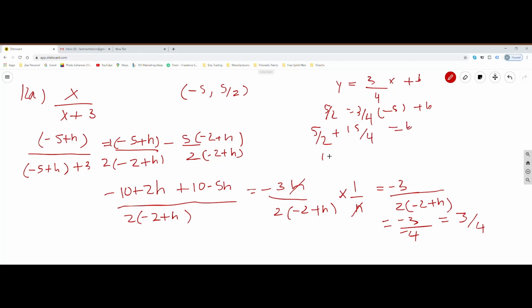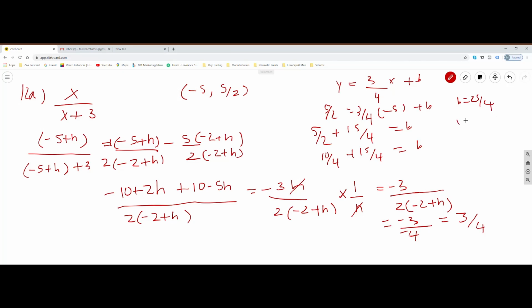This can also be written as 10 over 4 plus 15 over 4, which is b. So b equals 25 over 4.